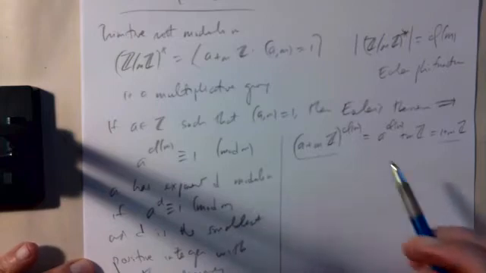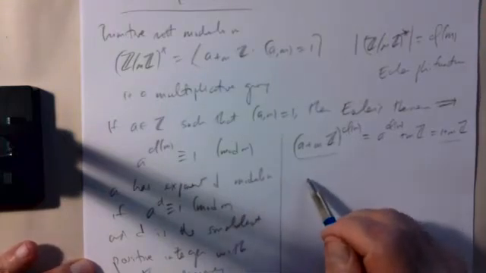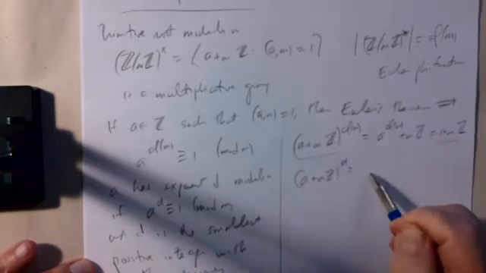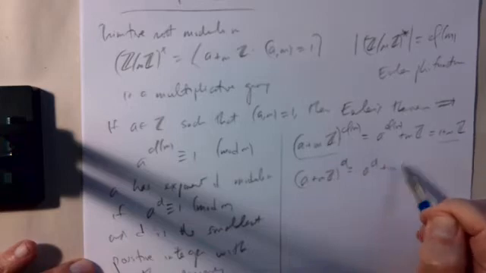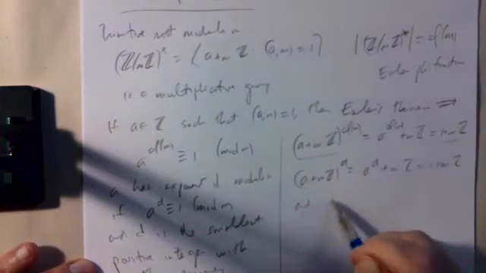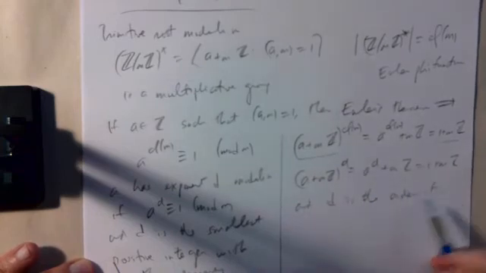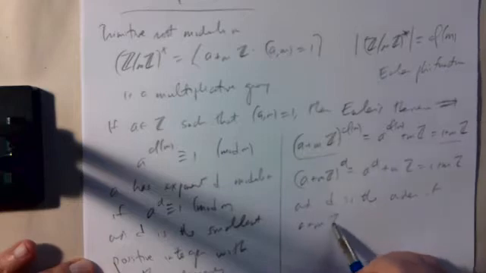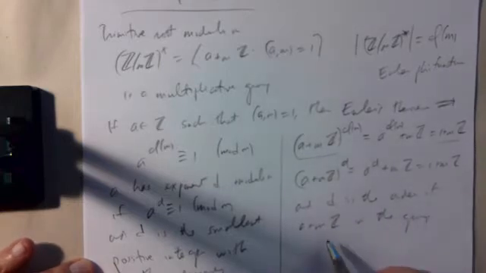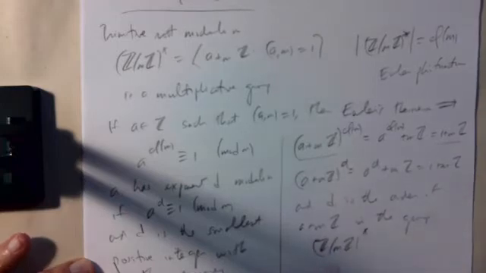Equivalently, a has exponent d modulo m means that a plus mZ to the power d, which is a to the d plus mZ, is 1 plus mZ. And d is the order of the congruence class a plus mZ in the group Z mod mZ star.